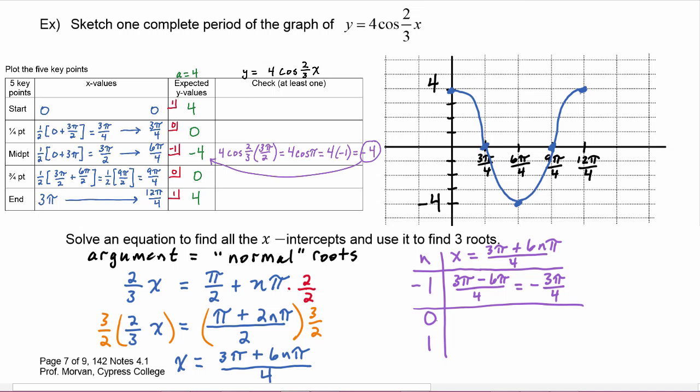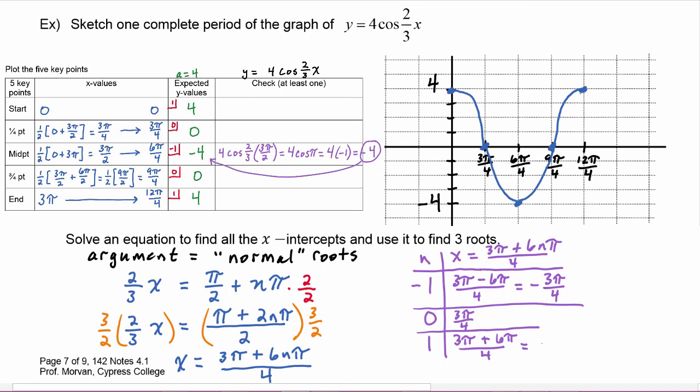If we plug 0 in for n, we know that will wipe this term out, and we're just going to get 3 pi over 4. And if we plug in a 1 for n, we're going to get 3 pi plus 6 pi over 4.